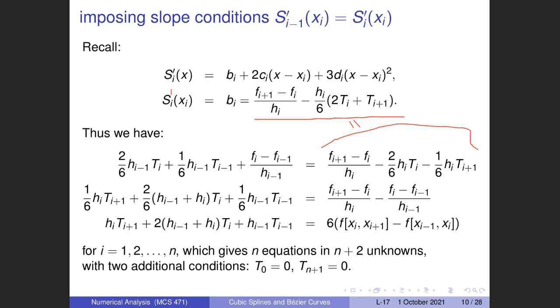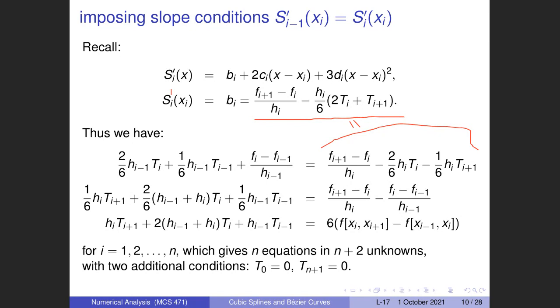So these are actually shifted equations. Now we rearrange the terms, so we actually know the divided differences. These can be computed from the function values and the spacings between the nodes.